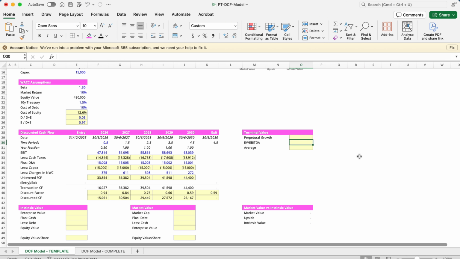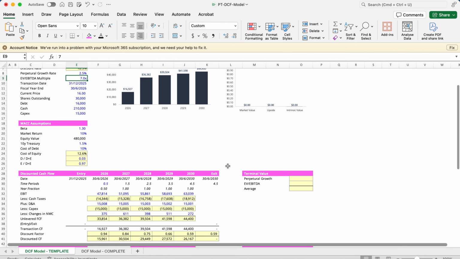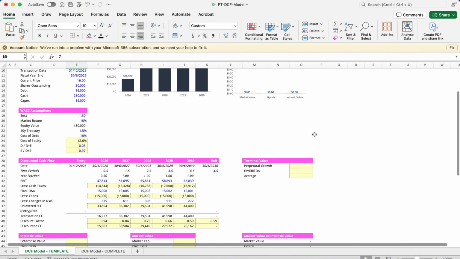So the multiples method is very simple in how we do it. We literally just apply the EBITDA by the assumed 7x multiple here. In practice, you might need to find out what multiple to apply, and that is typically done by comparing it to other businesses that are quite similar. In this case, we've been given that 7x, so we're going to use it. What we don't have at the moment is EBITDA.